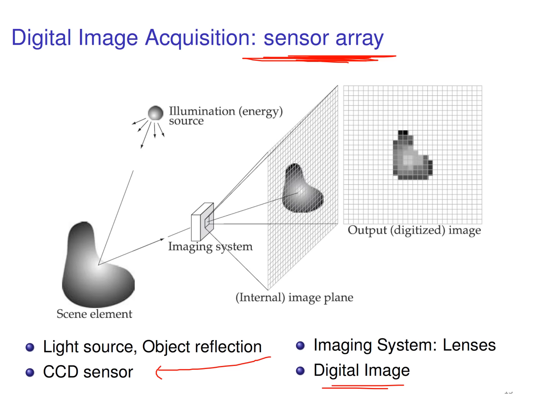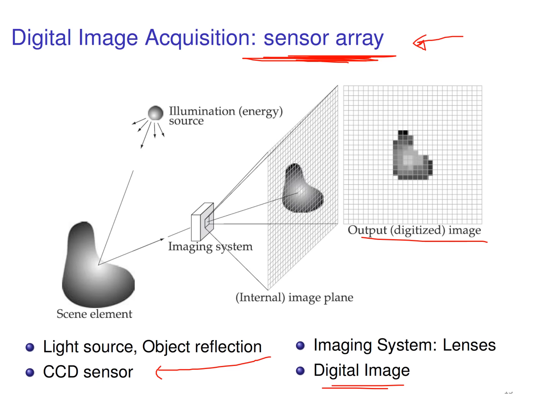This is the scene element, this is your imaging system, you have an image plane, and then the output is sampled and digitized. Remember, we have a spatial geometry with independent variables X and Y, and then we have the illumination for each pixel as the dependent variable. That's how you create an output digitized image using a sensor array.